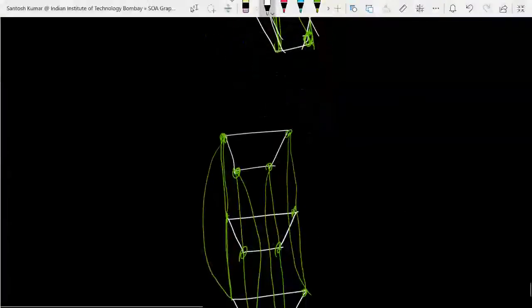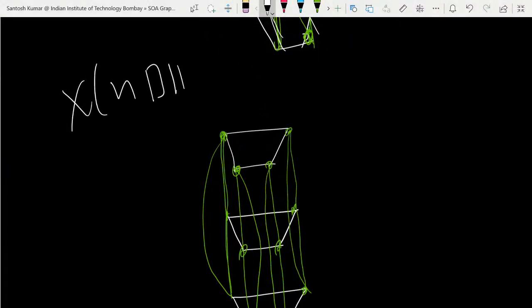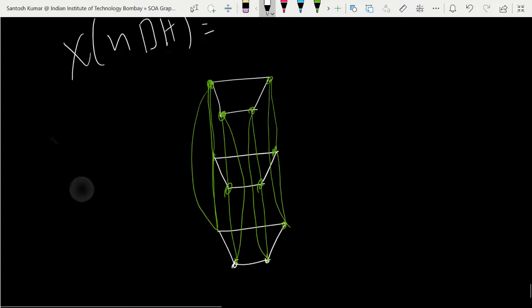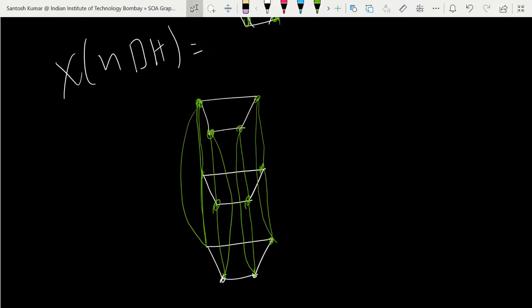And what about this one? G Cartesian product H. So 3. Yes, it is 3, like 1, 2, 2, 1. Can I write this? 1, 2, 2.